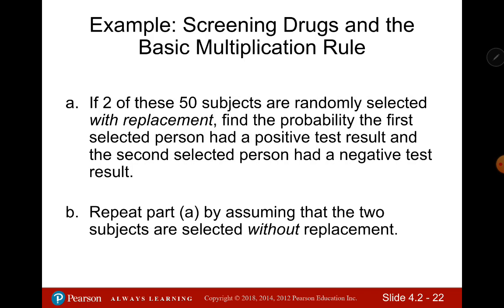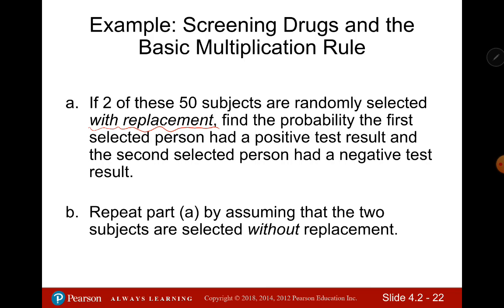If 2 of 50 subjects are randomly selected with replacement, which means first I will pick a subject. After that, this subject can go back to the pool. So there are still 50 subjects in the pool. Then we select the second subject.